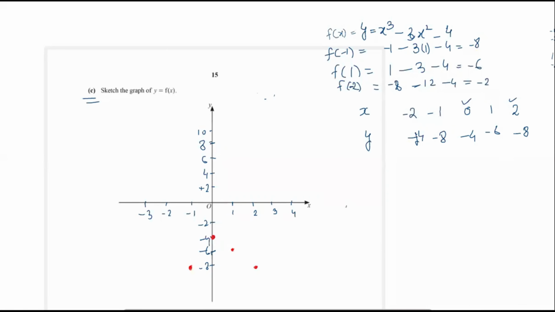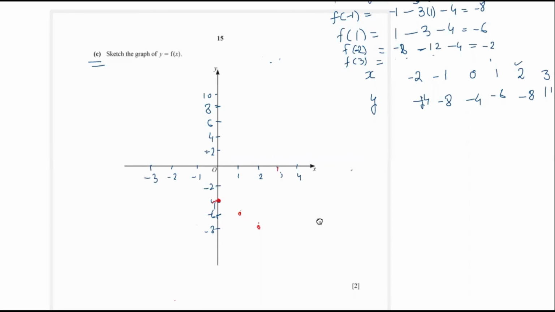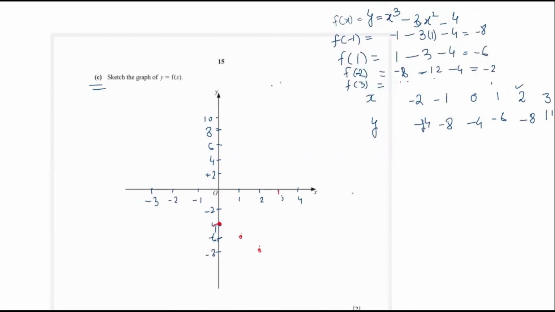And we take another point of 3. You see here 3 cubed is 27. Minus 3 into 3 squared will also be minus 27. Minus 4. That's 27 will be cancelled, and that will be equal to minus 4. So the point is 3, minus 4.